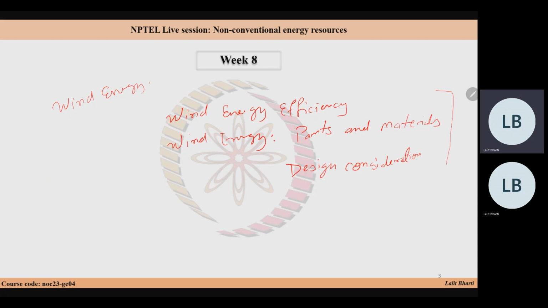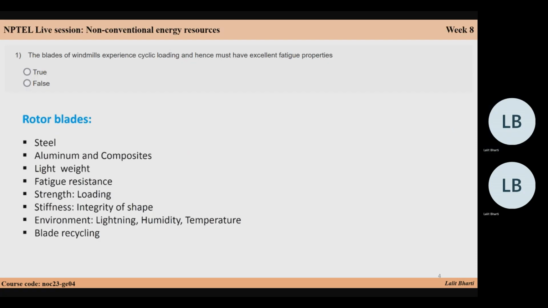Mainly we will take problems and questions on these three topics. We'll discuss this year's questions and previous questions, all relevant to the week 8 syllabus, which will be helpful for your main exams and for understanding this course.